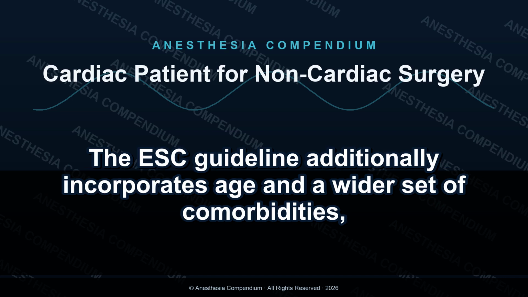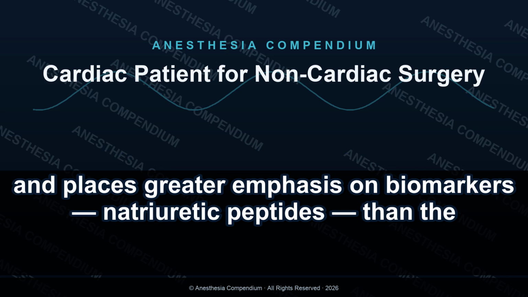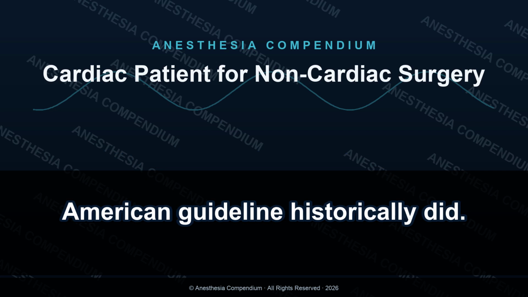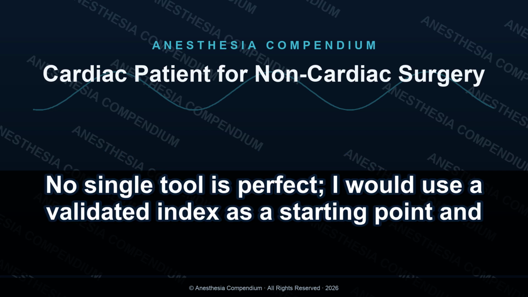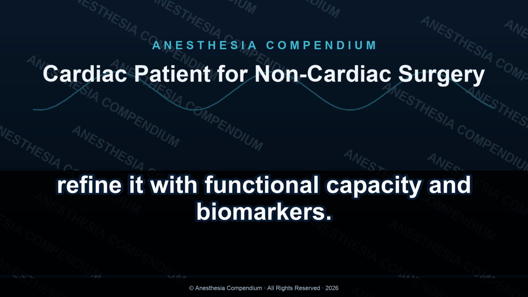The ESC guideline additionally incorporates age and a wider set of comorbidities, and places greater emphasis on biomarkers, natriuretic peptides, than the American guideline historically did. No single tool is perfect. I would use a validated index as a starting point and refine it with functional capacity and biomarkers.